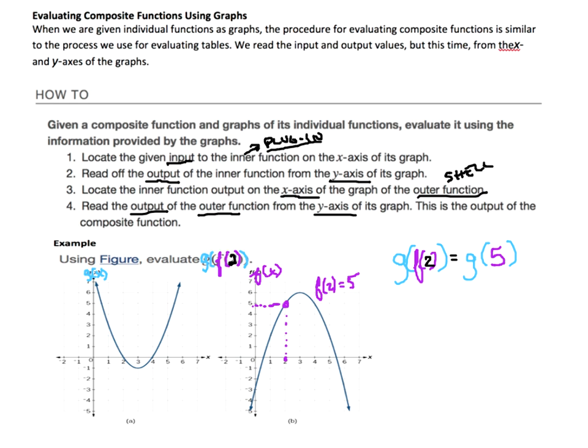Now, my task is to say, okay, well, if that's the case, what's G of 5 then? So I go to my G graph and say, okay, if I plug in 5 into the G function, I get out 3. So G of F of 2 is 3. Takes multiple steps to get there.